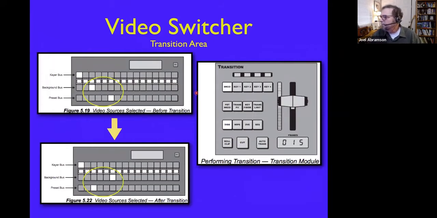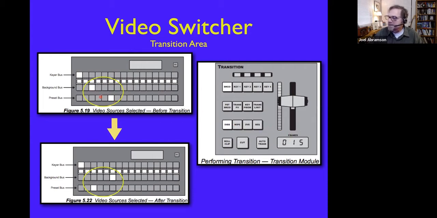So when we're doing a cut or a dissolve, just notice that, let's say we're going to either cut or dissolve between two different sources. This is program and preview, or mix A and mix B. And so we're here on this camera, and we're going to go to this source right here, and either we cut by using the cut, or we do a dissolve and do it this way.